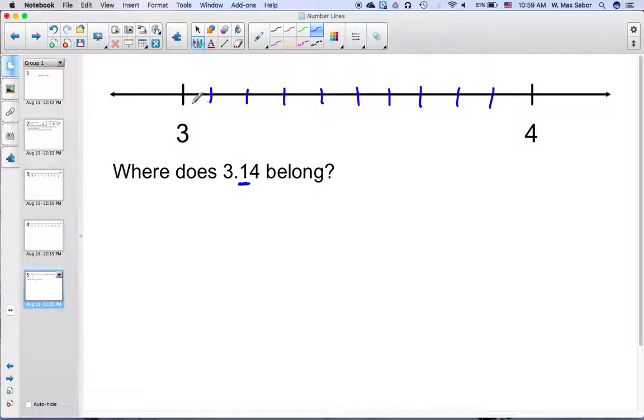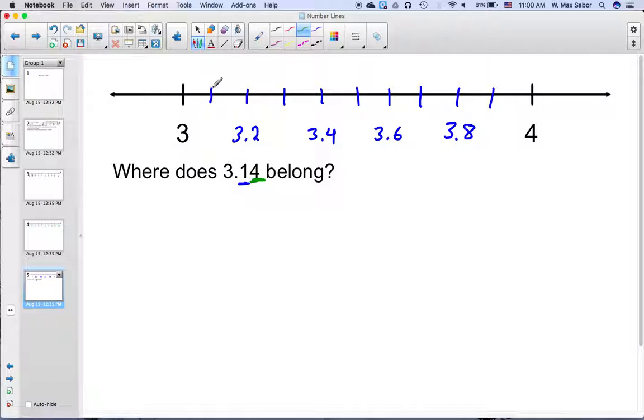Good. Now this would be 3.2, and this would be 3.4. This would be 3.6. This would be 3.8. So now I have split it into tenths. That's why we call this the tenths place, because here's the 1 unit, and we split it into 10 pieces. So those are our tenths places.